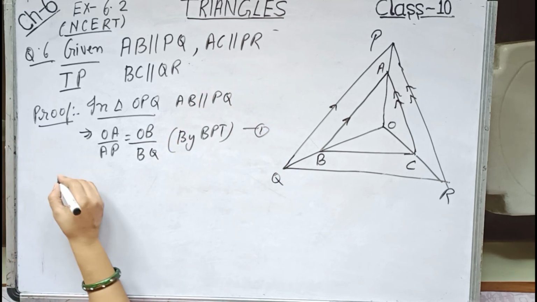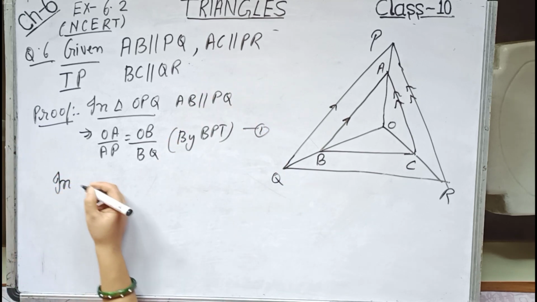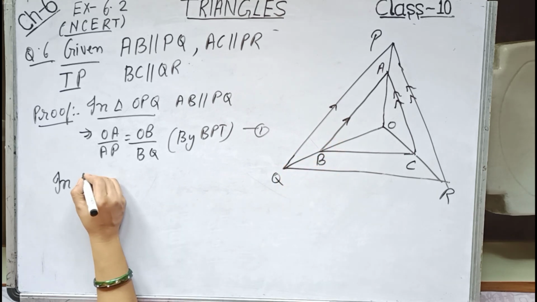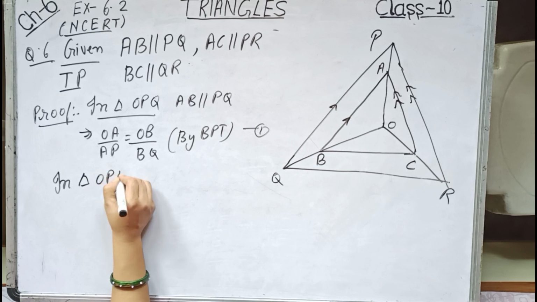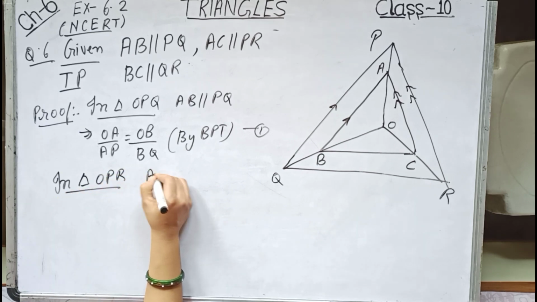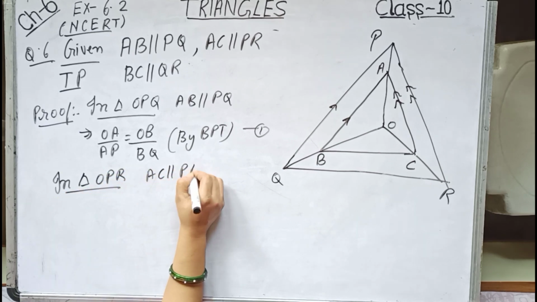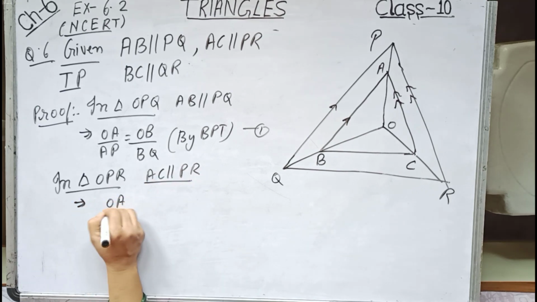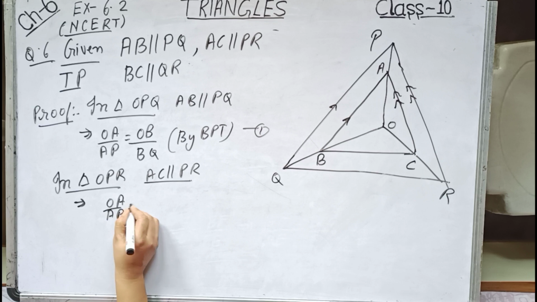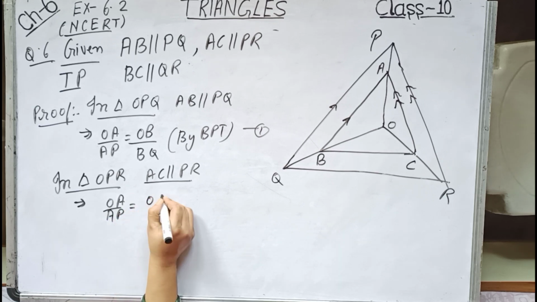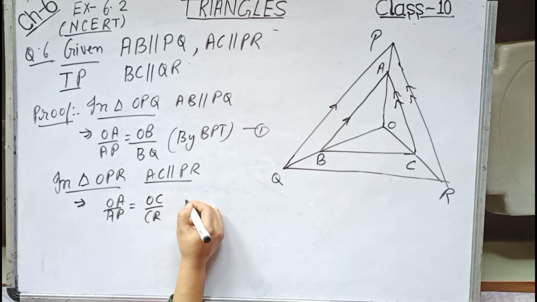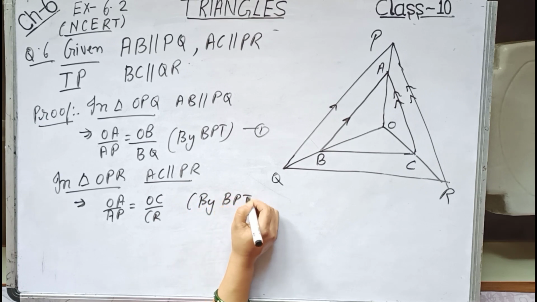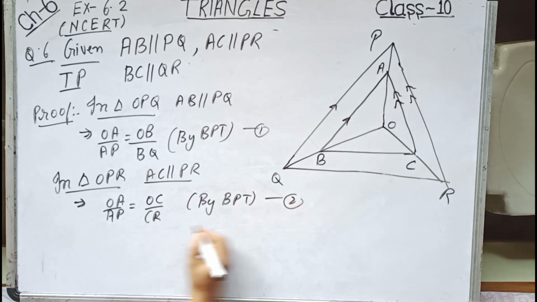Now let us find the triangle in which the other pair is there. So in triangle OPR, AC is parallel to PR. This implies OA by AP equals OC by CR by BPT. Make it number 2.